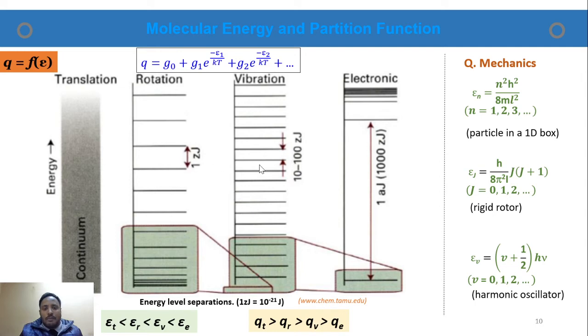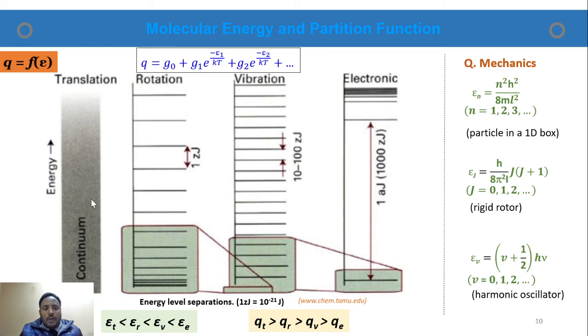Likewise, vibrational energy levels, which are smaller compared to electronic energy levels, will have some contribution from the terms after the first term. For rotational energy levels also, because the energy levels are further smaller than the vibrational energy levels, contributions from the terms after the first term will be significant, and so Q will become larger.